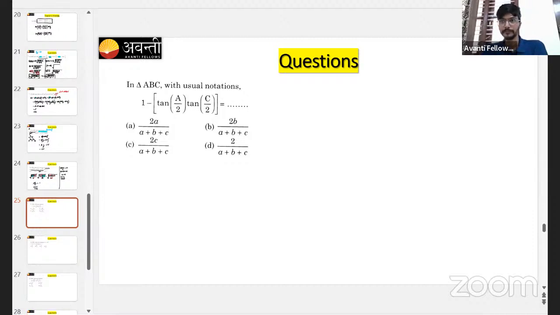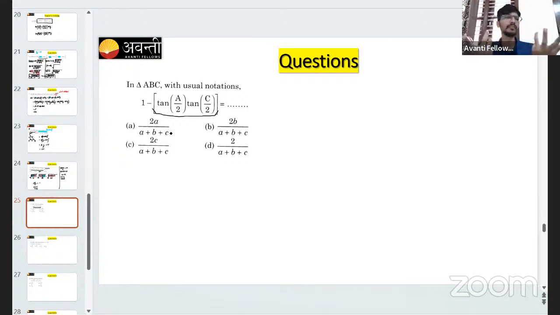Should I proceed? It is also a very simple question. If you see here, we have tan A by 2, tan C by 2. We have tan A by 2, tan C by 2. And if you look at the options, there are all sides. Means I need to convert tan A by 2, tan C by 2 into sides.